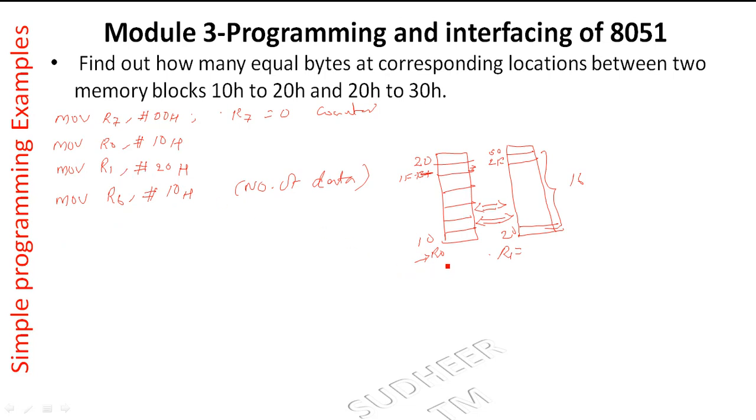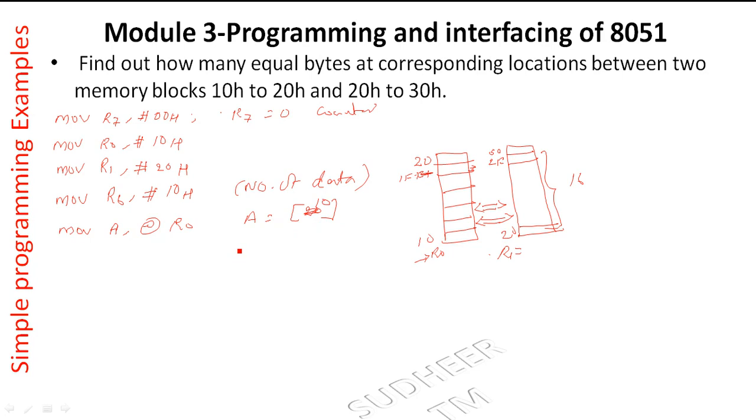Now let us take the content of 10 to the accumulator. For that, MOV A, @R0. So A is now the content of 10. Now we can perform the comparison.